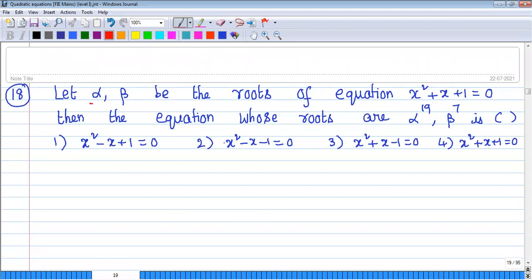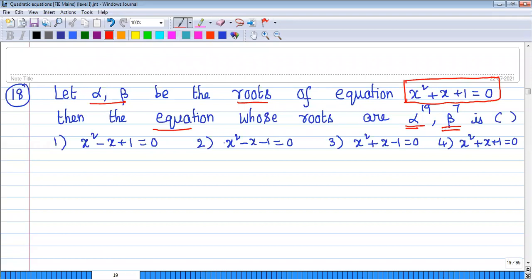See, if alpha, beta are the roots of the equation x square plus x plus 1 equals to 0, then we need to find out the equation whose roots are alpha to the power of 19 and beta to the power of 7. That means here alpha plus beta is equal to minus 1, alpha beta is equal to 1.